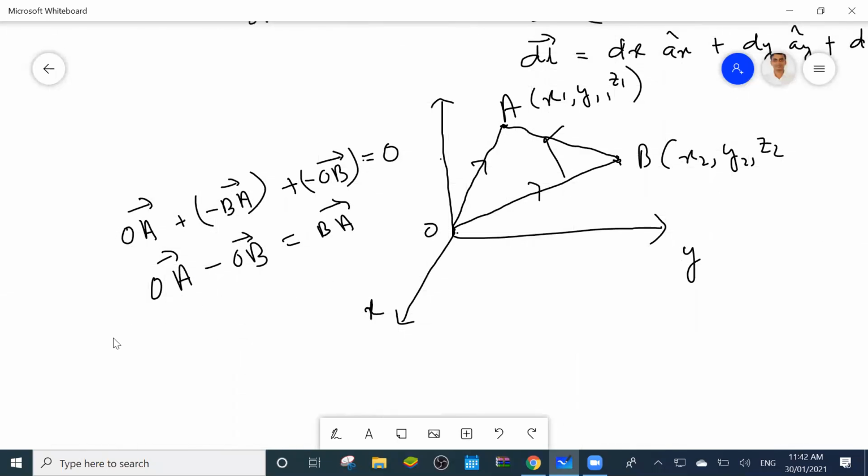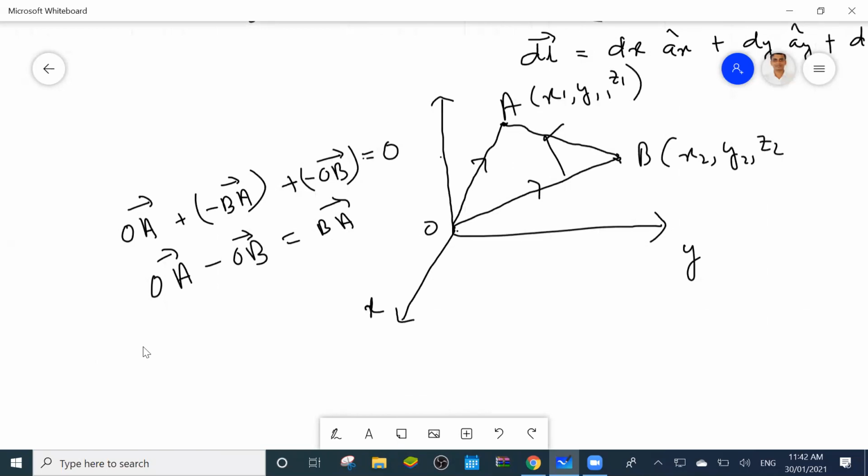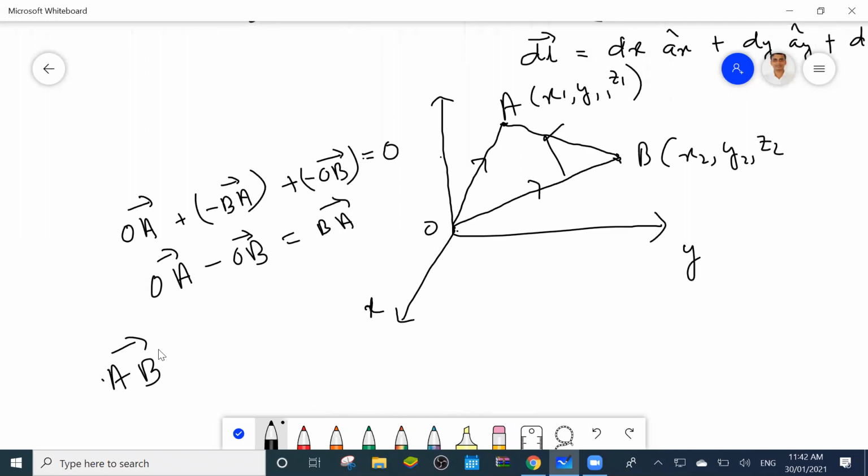So in the previous cases, I can write this, since in the last cases we have that AB equal to, second point is B, so OB minus OA.